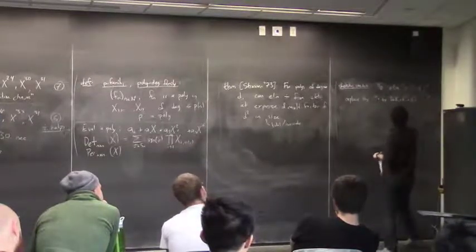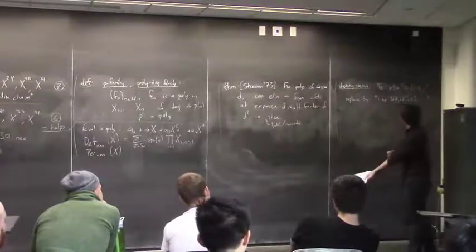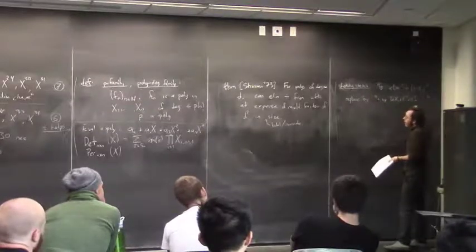This is kind of the Taylor series of this. Now, you have to check that things make sense. And of course, there's also the issue that this goes off to infinity.